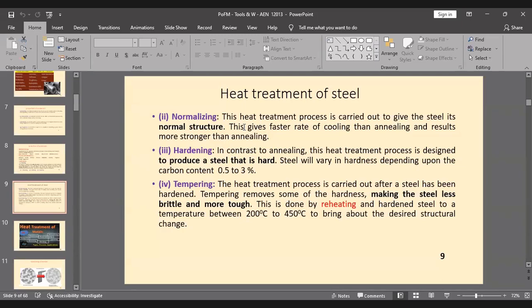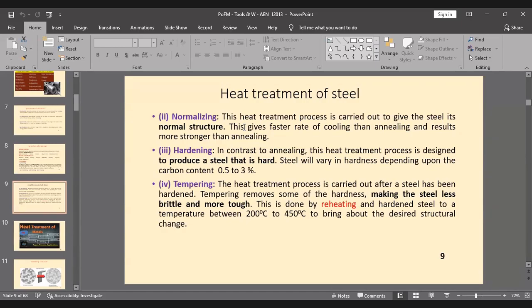Then tempering, the heat treatment process carried out after a steel has been hardened. Tempering removes some of the hardness. The idea is intermittent heating or reheating based on our requirement, making the steel less brittle and more tough.